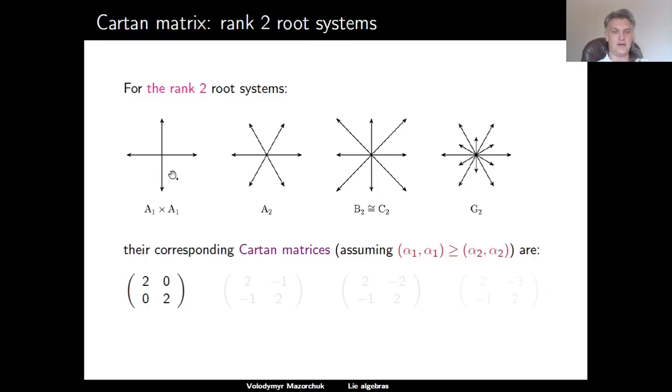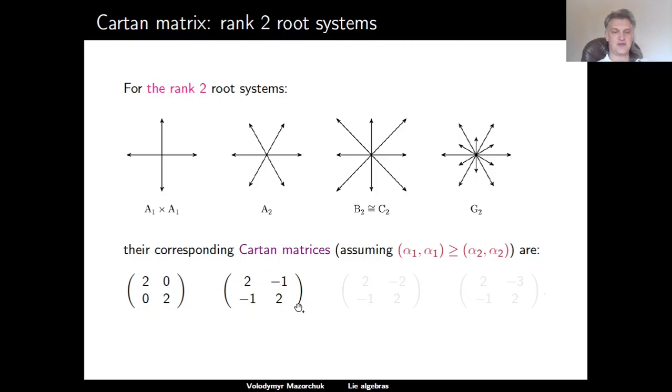For the first one, which is denoted by A1 times A1, the basis consists of two vectors, and they are orthogonal to each other. So we have 2 and 2 on the diagonal and zeros outside the diagonal. For the second root system, of type A2, the basis consists of these two vectors, and the angle bracket between them is minus 1. And they have the same length, so the angle bracket is symmetric in this case.